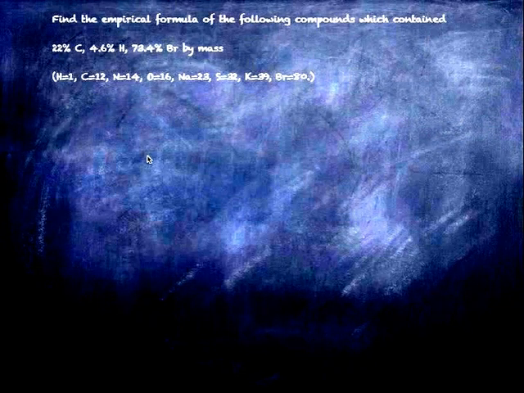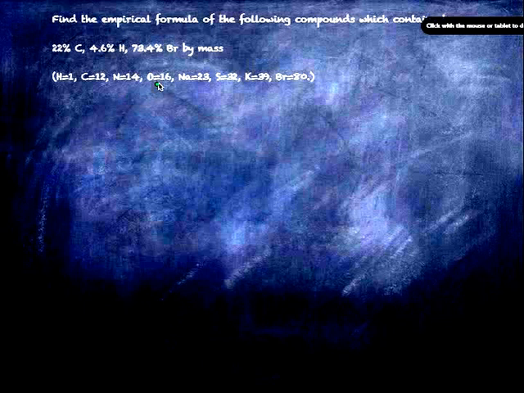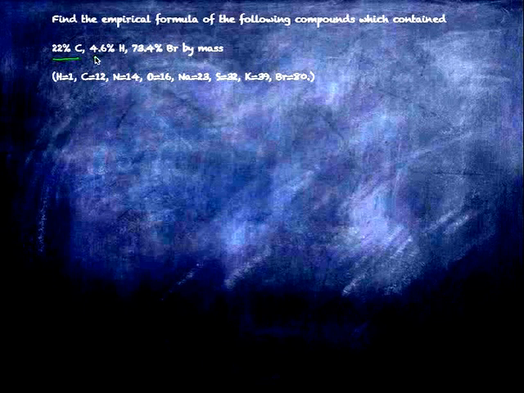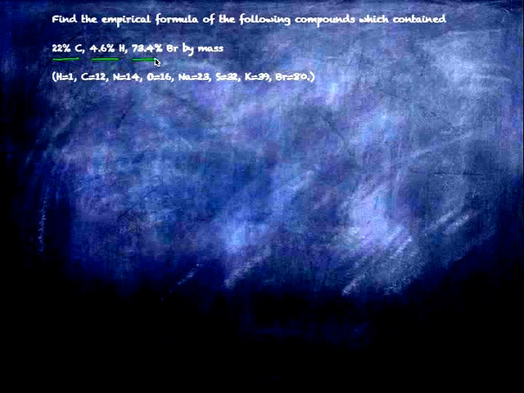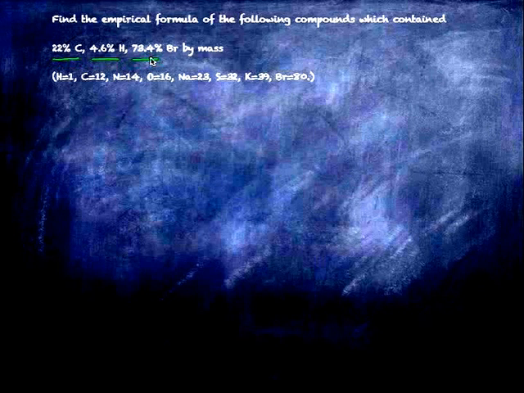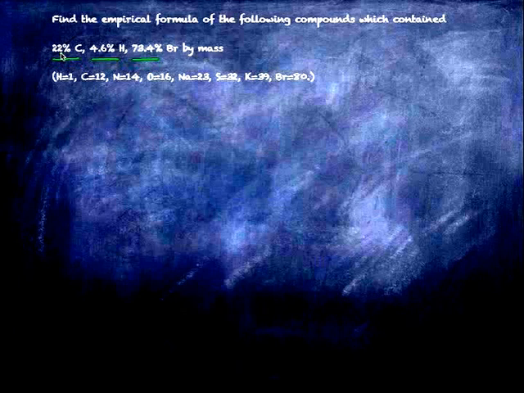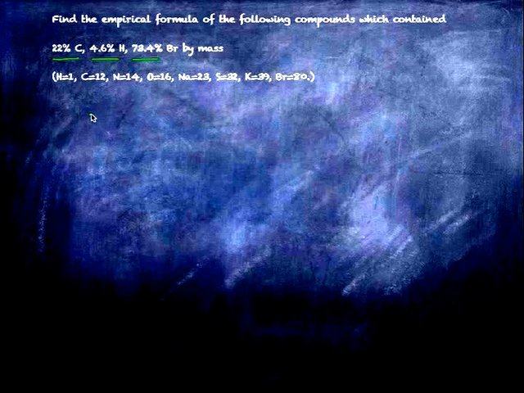So let's take a look at another example of this. This time we have 22% carbon, 4.6% hydrogen, and 73.4% bromine. So we do the same thing again. We assume that because it is a percentage, we've got 100 grams of this compound.